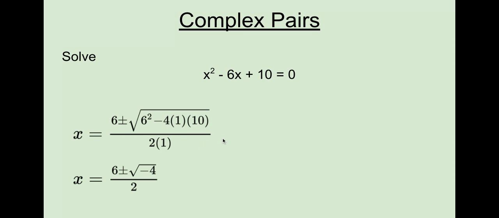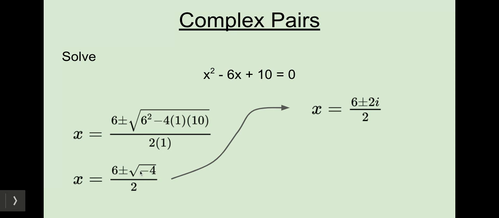All right. So if I square the 6, I'll get 36 minus 40. That's a negative 4. So I have 6 plus or minus the square root of negative 4, over 2. And now if I take my negative 4, remember the square root of a negative is i. The square root of 4 is 2, so that's where I get the 2i. Okay, so I have 6 plus or minus 2i divided by 2.